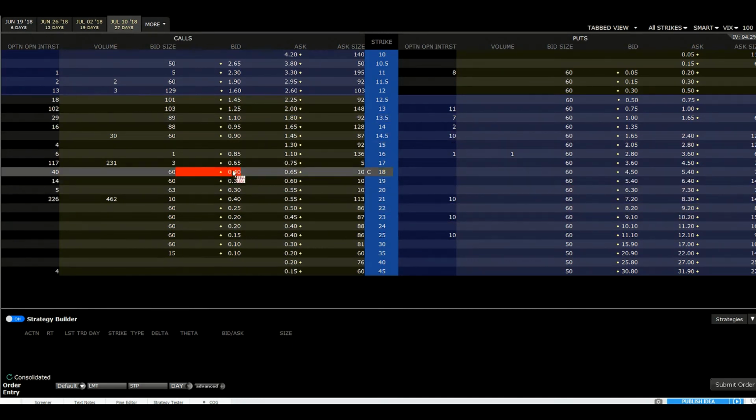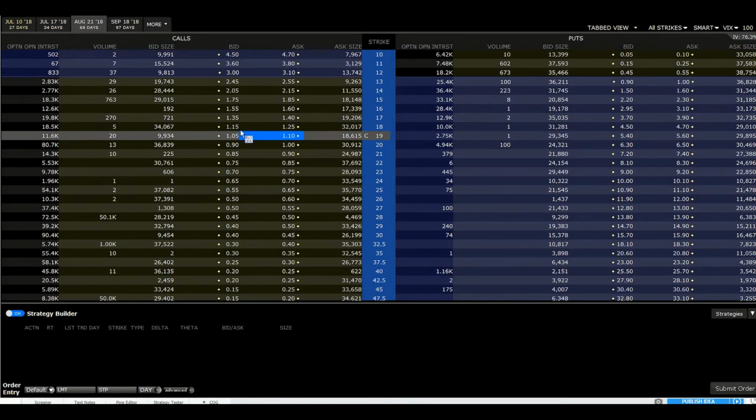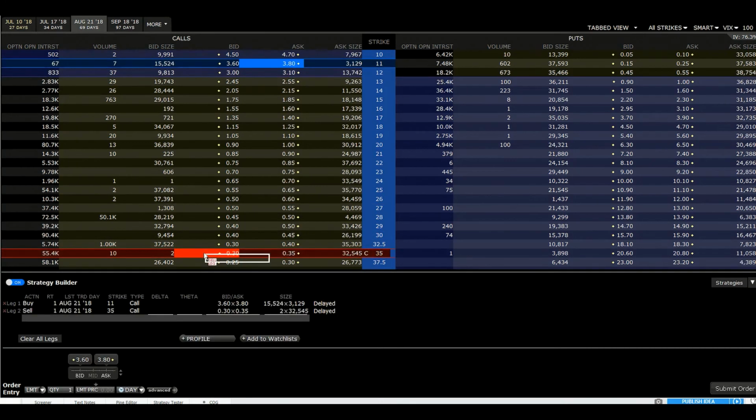As you can see right here, this is the call side. If you do expect a pop in volatility in the next 70 days, you could go ahead, maybe buy the 11 calls and then sell the 35s or even sell the high 20s for a debit spread, something like that. But again, you'd have to be expecting the massive move in volatility on the S&P 500, guys.